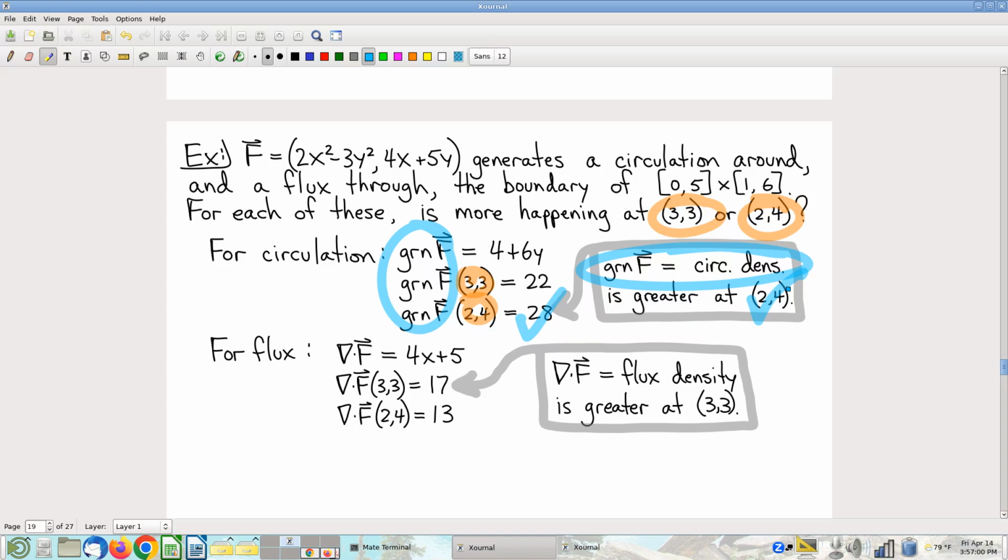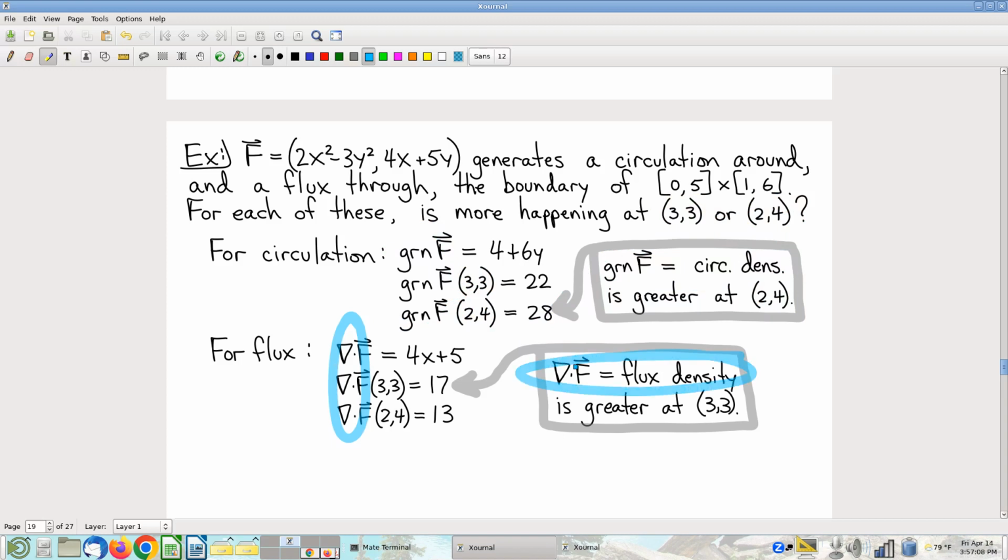And then likewise, analogously, two-dimensional divergence is two-dimensional flux density. Given these 2 candidates, where between these is the most flux coming from? Well, the one where the divergence is greater is the one where more of the flux is coming from.